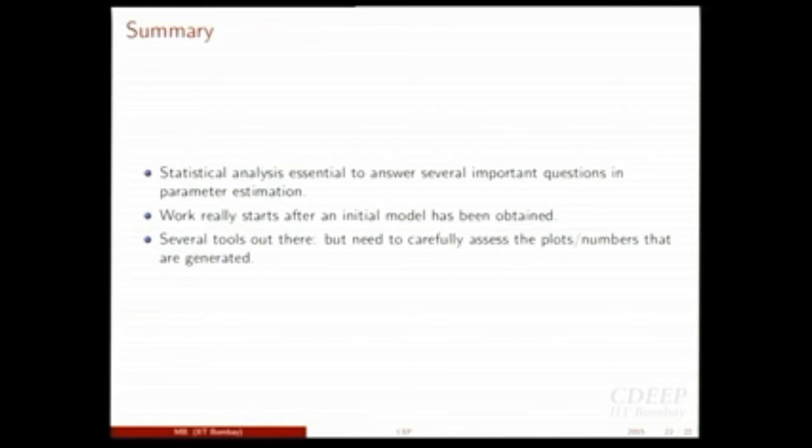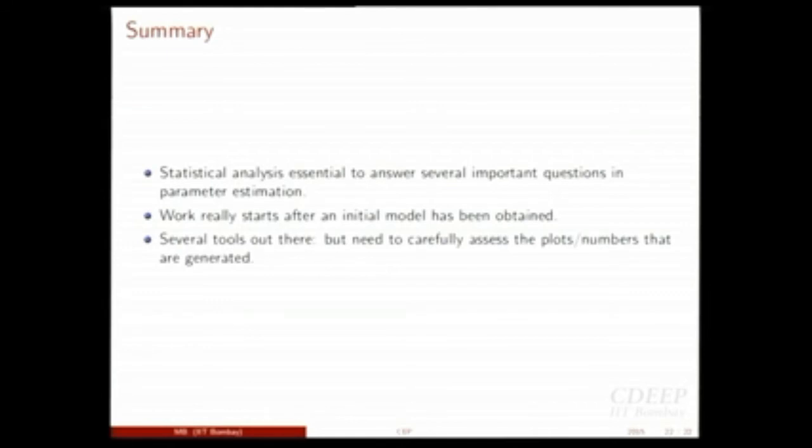So, sort of summarizing this work, statistical analysis is essential to answer several important questions in parameter estimation, some of which I tried to highlight in this presentation. And really the work starts after you have an initial model. So if you assumed a straight line, you got your parameter estimates, now you have reached level 0. That's where statistics will start. Reaching level 0, as we saw yesterday, could be done through various insights.